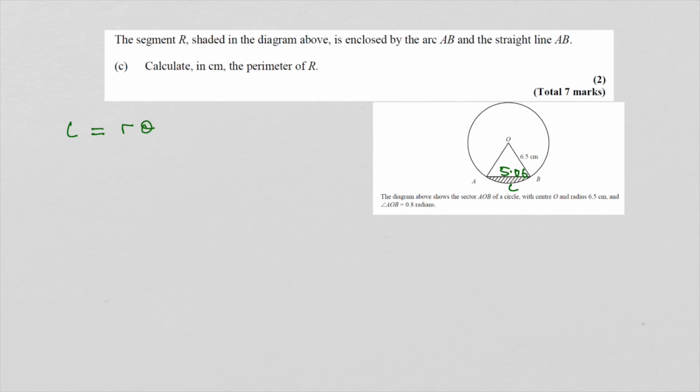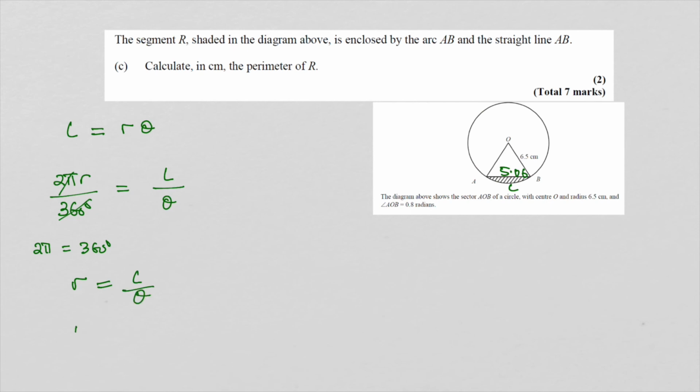If you don't know how to get that, all you need to do is compare the circle circumference, 2 pi r, over the angle of the circle, which is 360 degrees, with the arc length L over the angle of the arc, which is theta. We know that 2 pi equals 360 degrees, so they cancel out, and we get r equals L over theta.